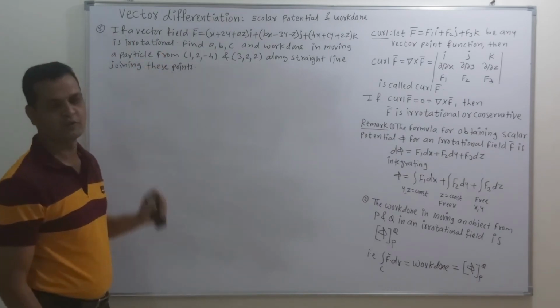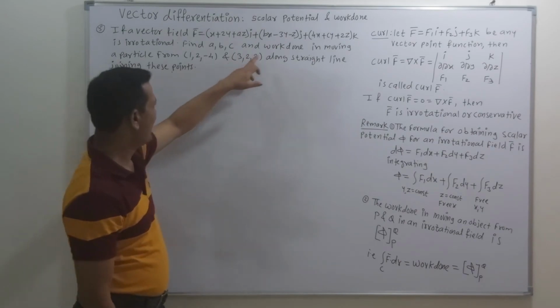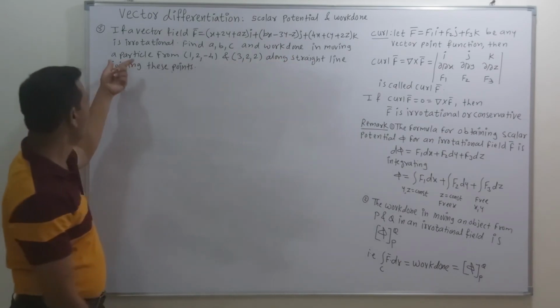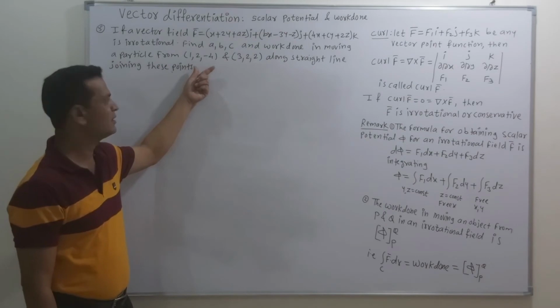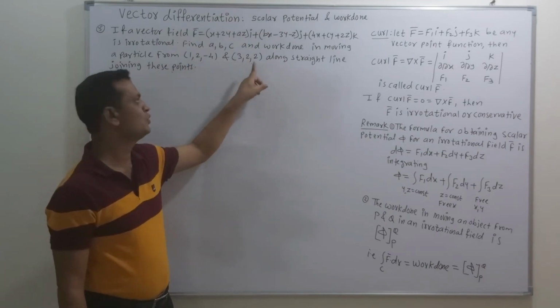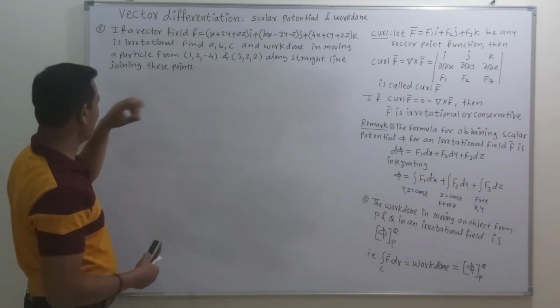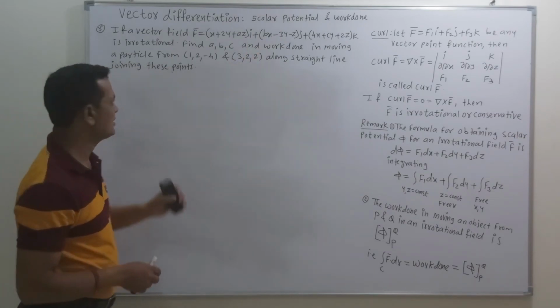So that means we have to show that this is irrotational. Find the value of constants a, b, c and work done in moving a particle between the points (1, 2, -4) and (3, 2, 2) along the straight line joining these points. So that means find out the value of work done. So this is the question.